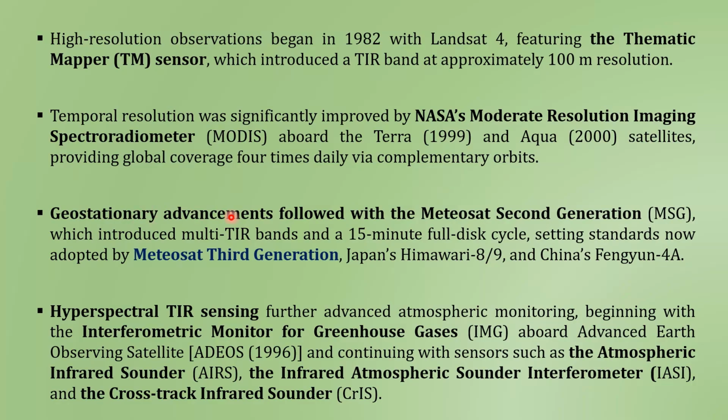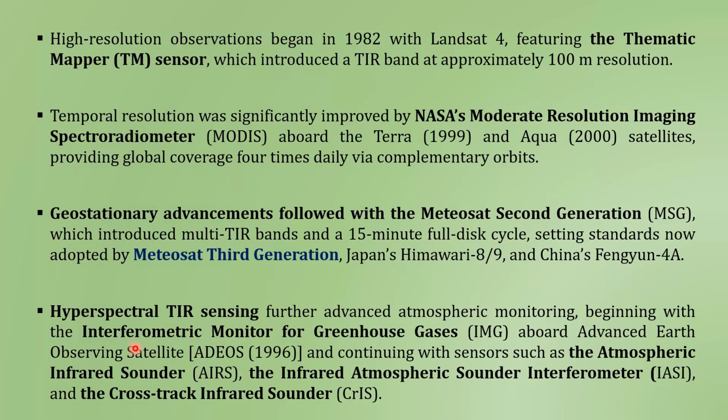Then geostationary advancements followed, with the Meteosat Second Generation introducing multiple TIR bands and a temporal resolution of 15 minutes, and these set the standards for the Meteosat Third Generation. Thermal data acquisition further improved with the introduction of hyperspectral thermal infrared sensing, which is very helpful in atmospheric monitoring.